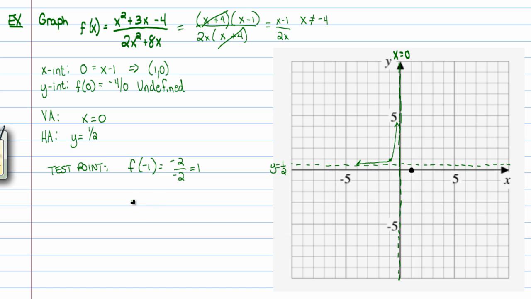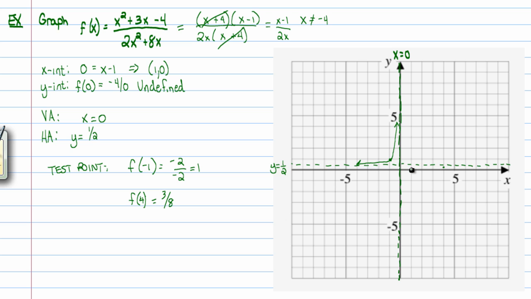On the other side, you don't really have to pick much of a test point here, but you could pick f of 4, since we already know what f of 1 is. When you plug in 4, you'll get 3/8. That's not that tall, actually. It's right about here.